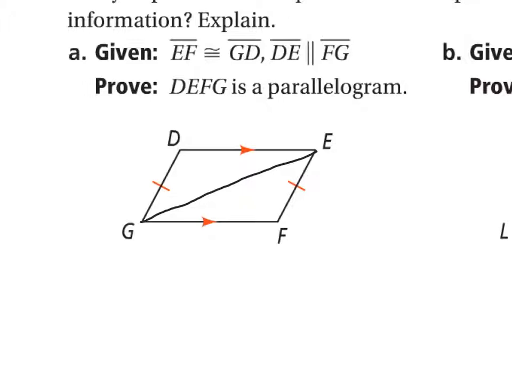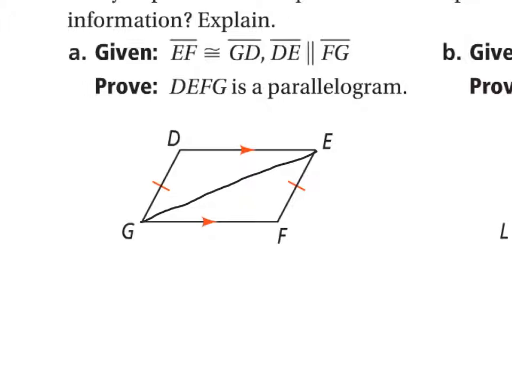We could say that E and F are supplementary, but there's no way of referring to G and F or D and E to get us there. And the reason is because we don't know that DG and EF are parallel. We don't have that second set of parallel lines to work with. So yeah, it would be nice to be able to say that, but we don't have the information right now to say that.